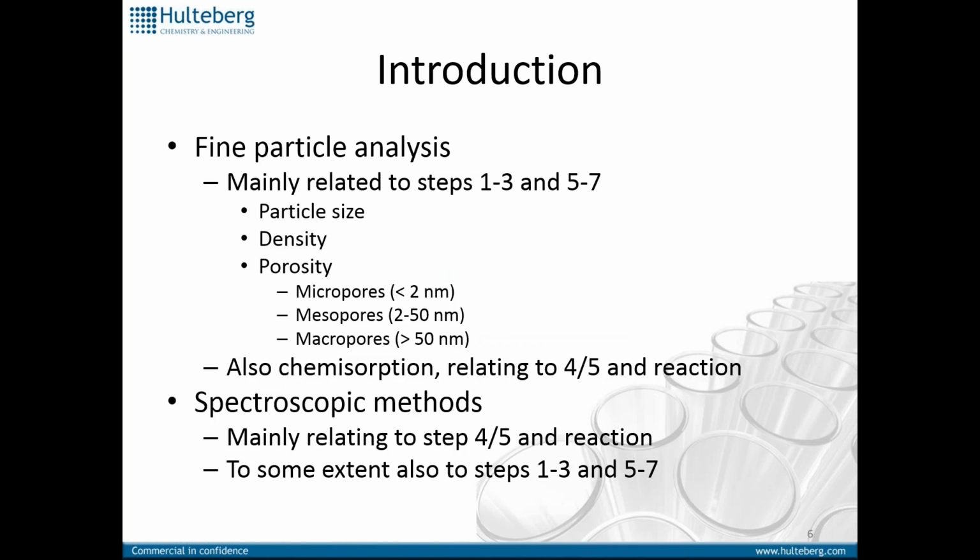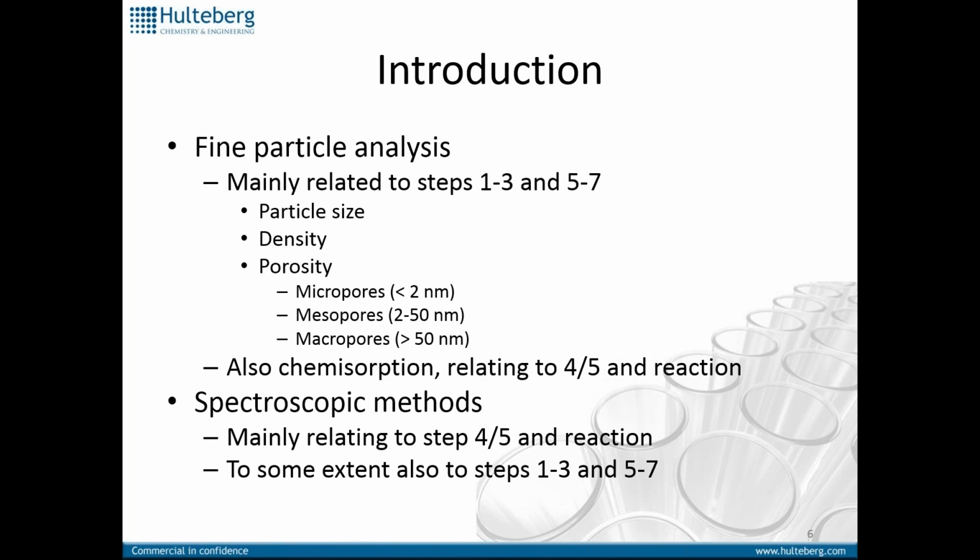So if we look at these two categories of methods, we have fine particle analysis, which is mainly related to the transport issues, particle size, density, porosities, dividing the material into micro, meso, and macropores, for instance.